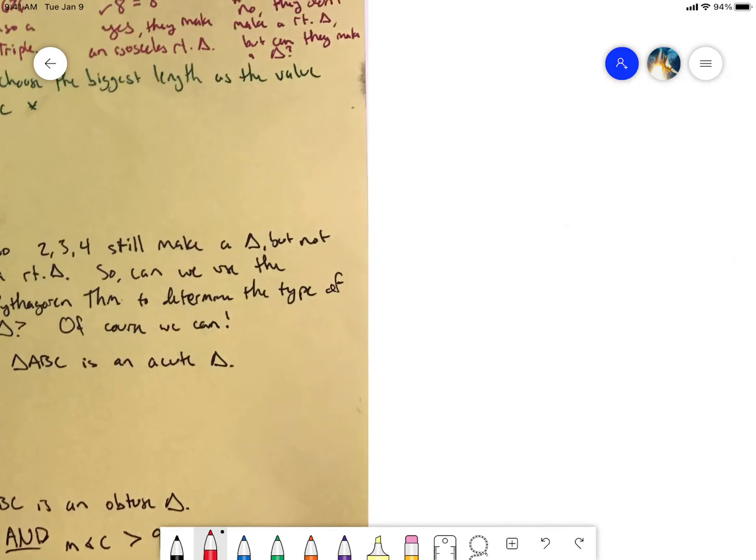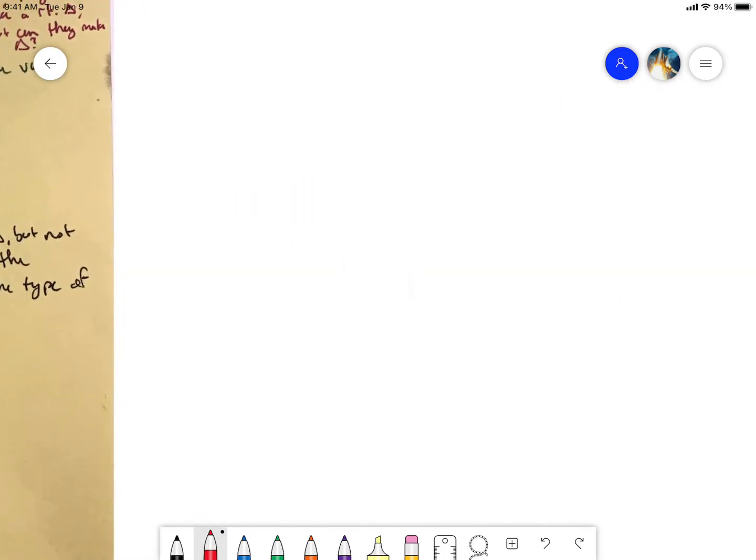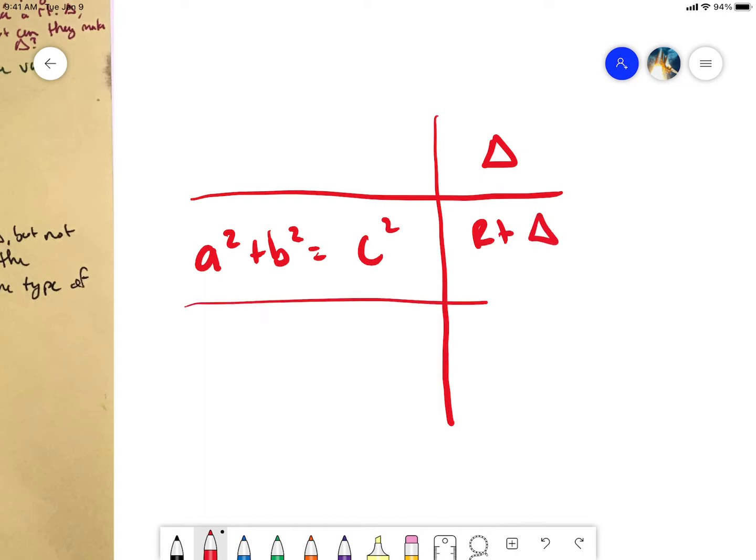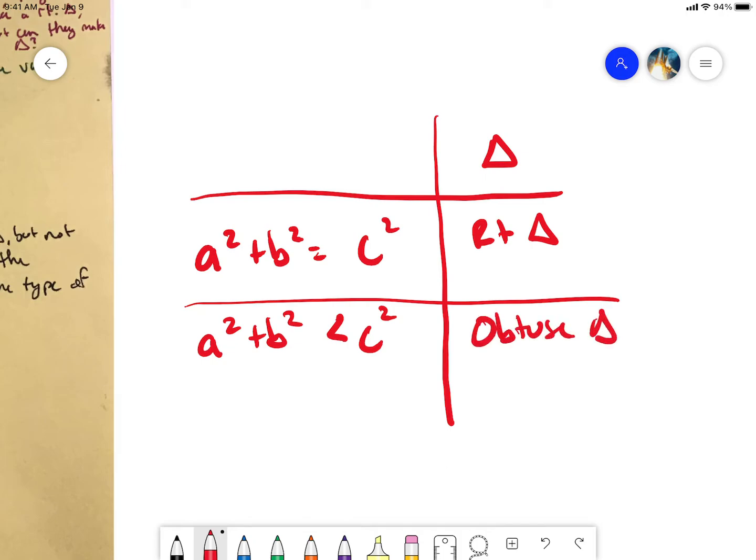So here's a little table for you. If a squared plus b squared is equal to c squared, this forms a right triangle. If a squared plus b squared is less than c squared, this is an obtuse triangle.